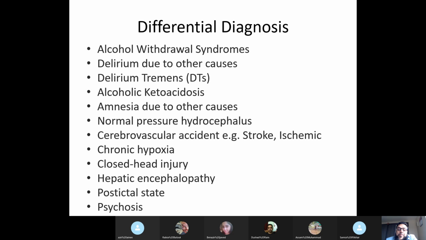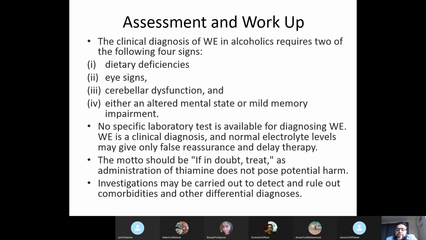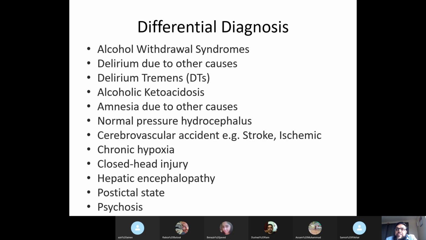Hepatic encephalopathy is a very important delirium. Sorry, differential diagnosis, and it is a delirium, but that's why it is so important to check the liver function tests. If the person's liver reserves are not there, they can have Wernicke's encephalopathy plus hepatic encephalopathy or one of them. Delirium can be due to multiple causes at the same time.